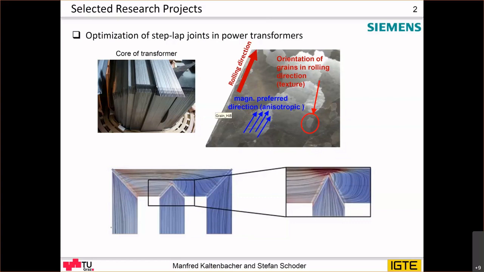However, it is anisotropic in the sense that for different directions, let's say this is the rolling direction and it's orthogonal to it, then you have a not so good magnetic property, meaning a lower permeability in this direction. And the worst direction is about 60 degrees from rolling direction towards off-rolling direction. So it will be about this direction where you have the worst magnetic properties.